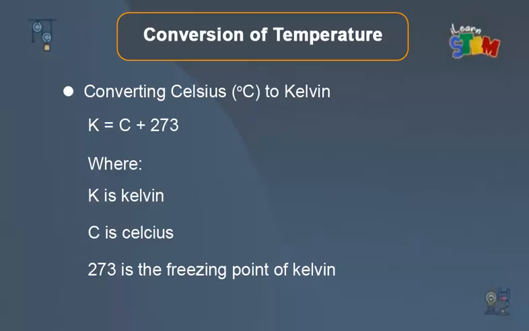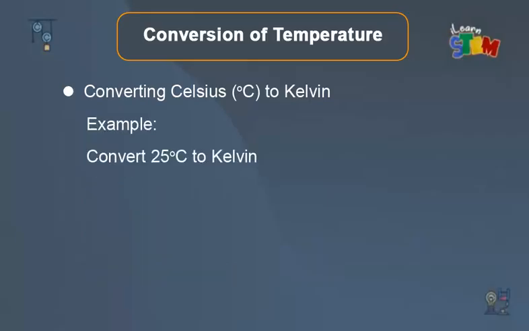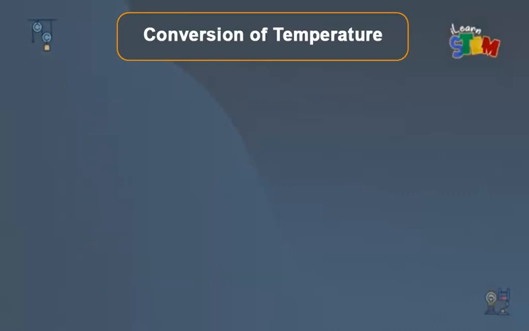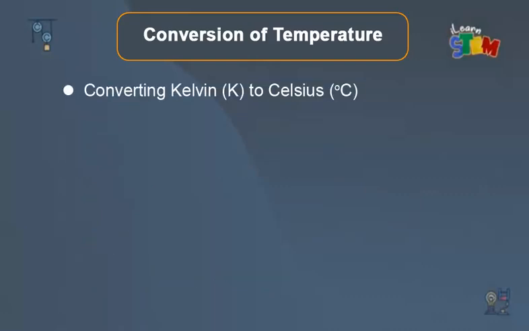Let's solve using an example. Convert 25 degrees Celsius to Kelvin. Here the Celsius value is 25 degrees Celsius. Solution: K equals 25 plus 273, which gives us 298 Kelvin.